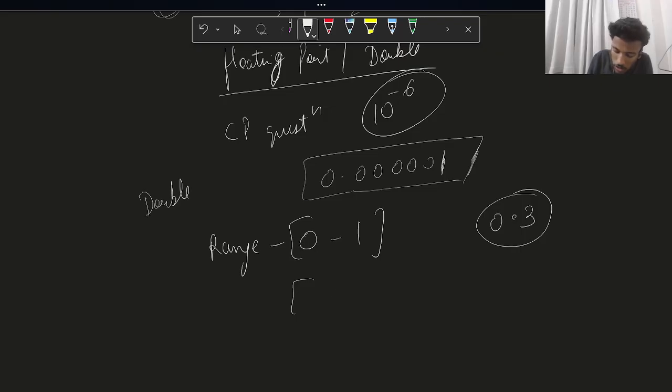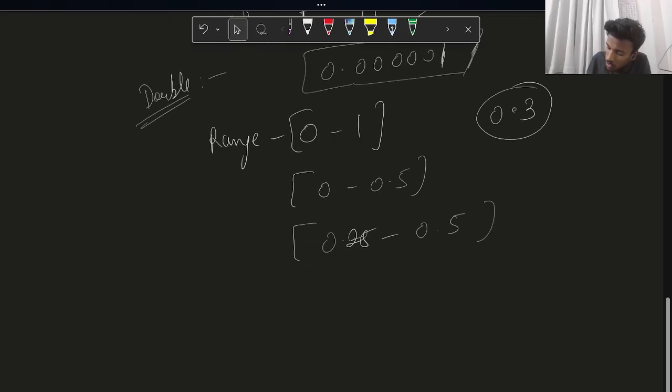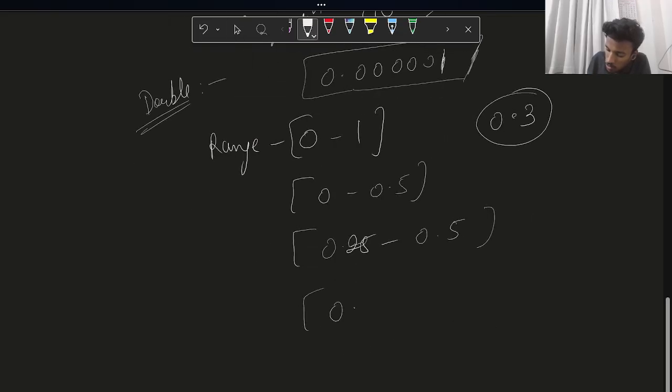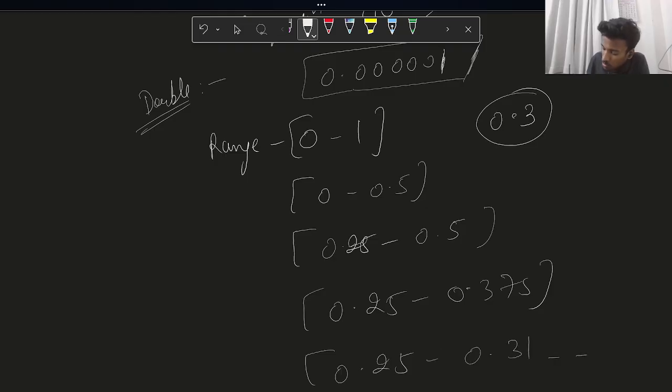First it gets to 0 to 0.5, then 0.25 to 0.5, suppose. Next time you get it to 0.25 to, suppose, 0.375. Again, next time it will come to 0.31 something.